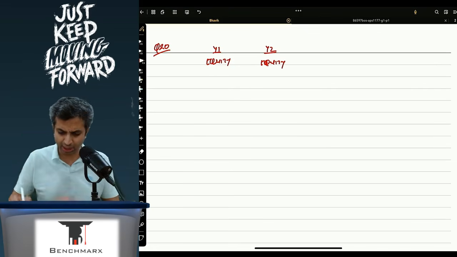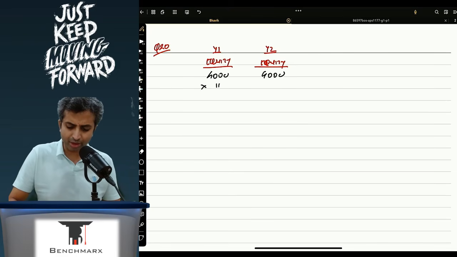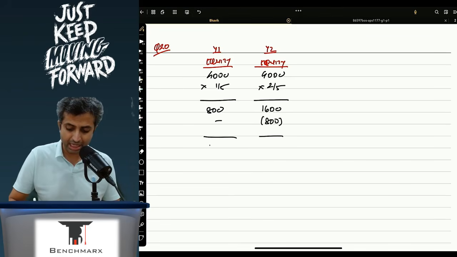Till that point it is equity settled, in which case I will take the fair value, I believe this is 4,000 on the grant date, spread it over the vesting period 1 by 5, and hence 800 in the first year. Technically I'll do 2 by 5 over here. This is 1,600 less earlier recorded 800. If I had to do accounting for years 1 and 2, my entry will be: employee benefit expense account debit, which will ultimately go to the profit and loss, to the SBP reserve, share based payment reserve.